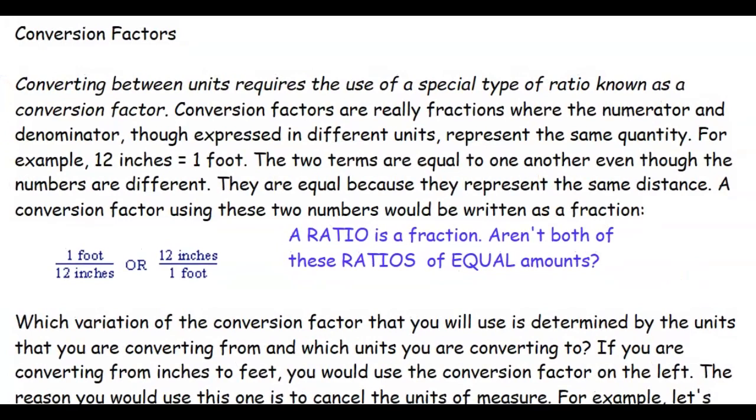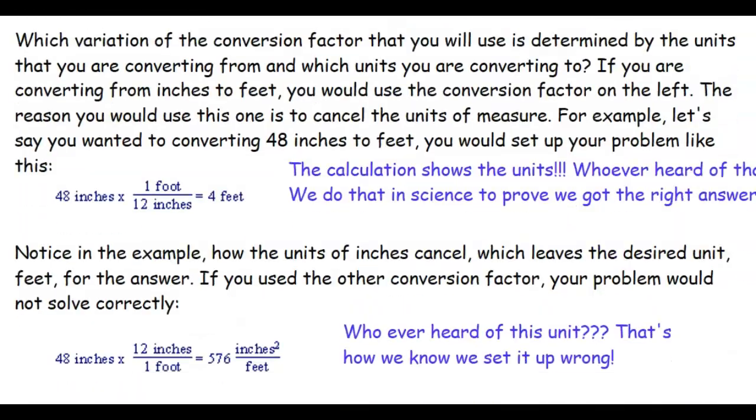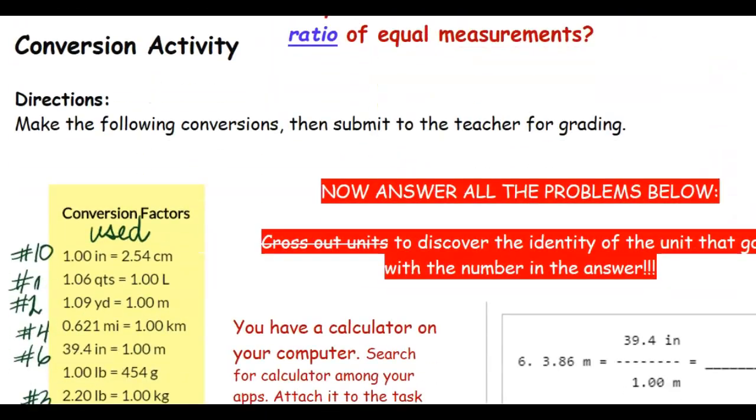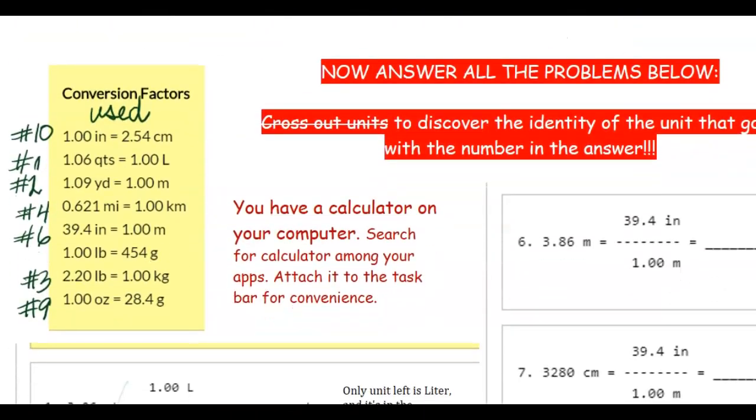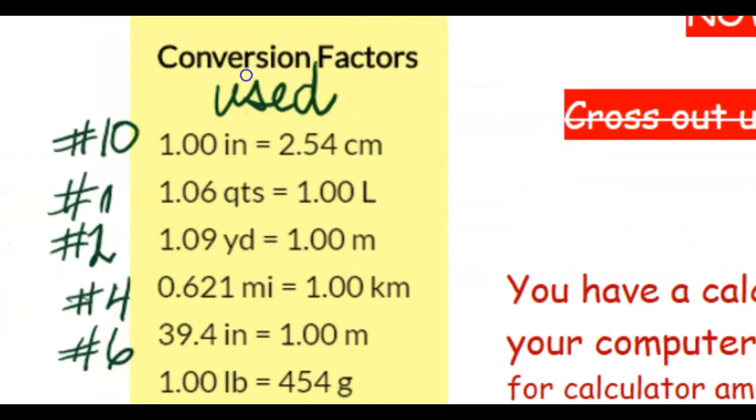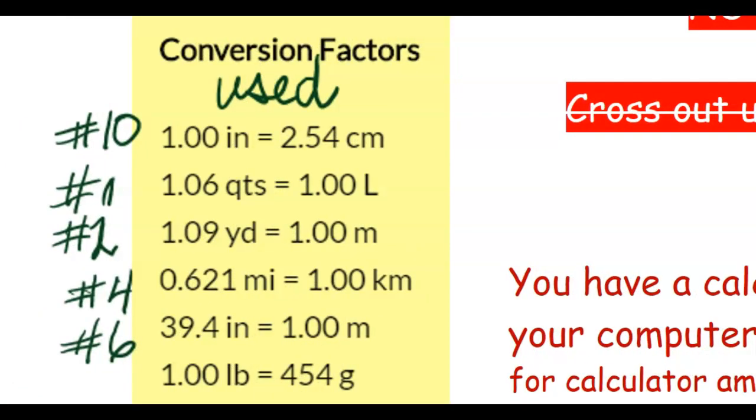So, conversion factors. Now, what I want to do, first of all, is show you this one down here. I made a conversion factor list in this assignment. So, some possible ones. These are all the American ones over here on this side, and these are all the metric over here on the right. There's 1 inch and 2.54 centimeters.